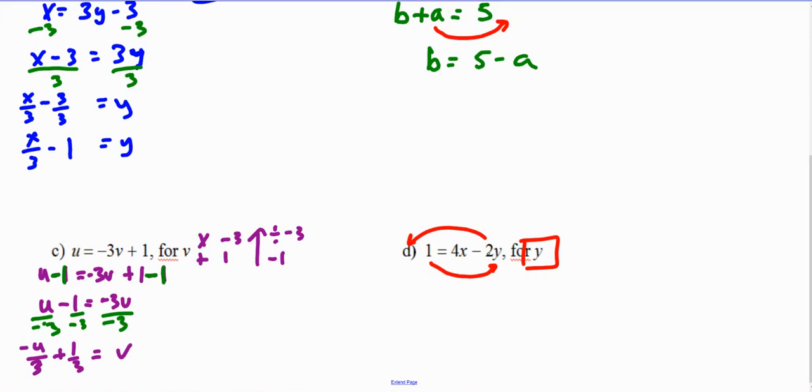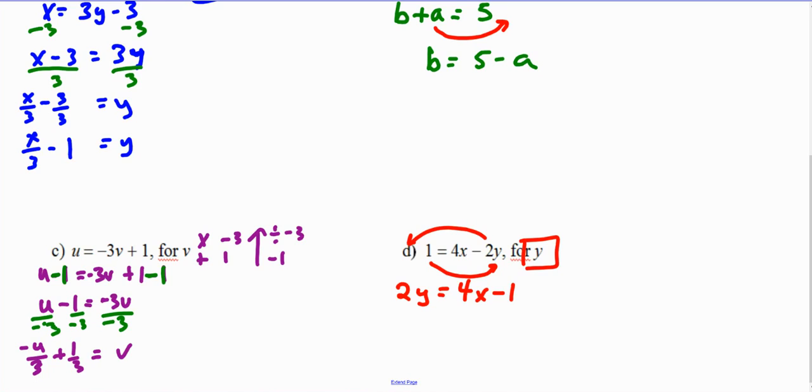All right, so if I brought the negative 2 over, it would be a positive 2y, and the 4x didn't go anywhere. And the other thing that came over was the 1, so it's a negative 1. All right, so in what we've done in many steps before, it took us one step to do it this time. Not too bad, eh?